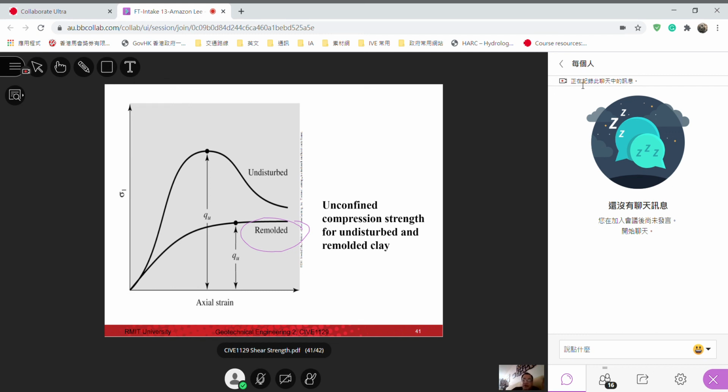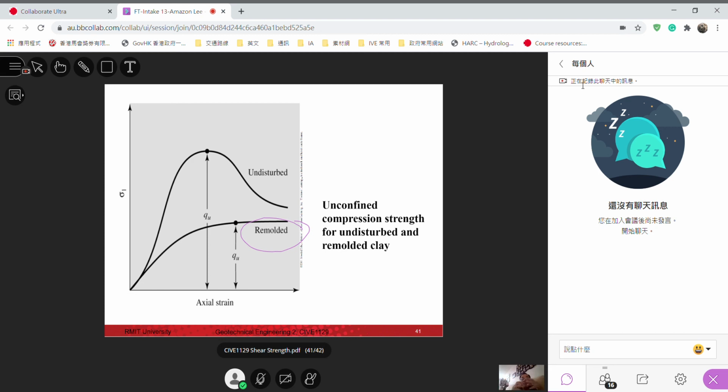Practically, it's impossible to obtain a totally undisturbed soil sample. Okay, in our sampling technique, no matter how careful you are, it always induces some degree of disturbance to the soil fabric. Okay, but as a geotechnical engineer, when we supervise the workers in the construction site taking the sample, we know that once the soil is disturbed, the soil fabric will change.